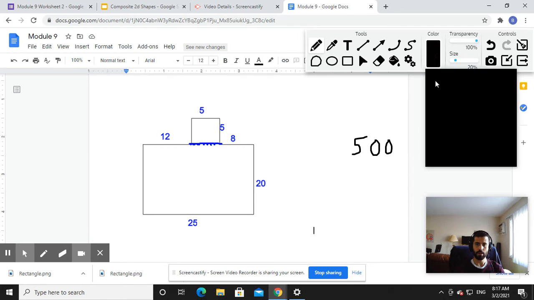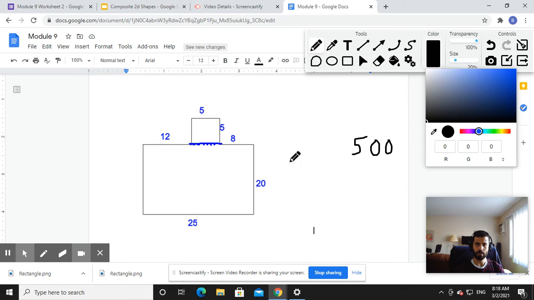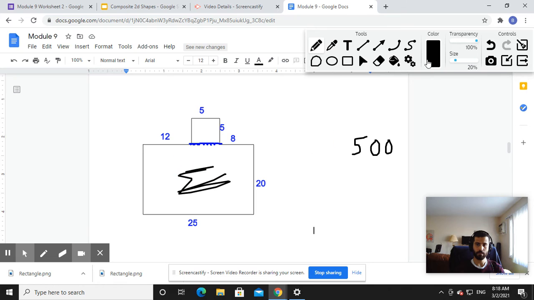So I'll fill that in. No, it didn't turn blue, but you get the point. And now we're going to look at this small square. Inside the small square, 5 times 5 is going to make 25 for this red area right here.